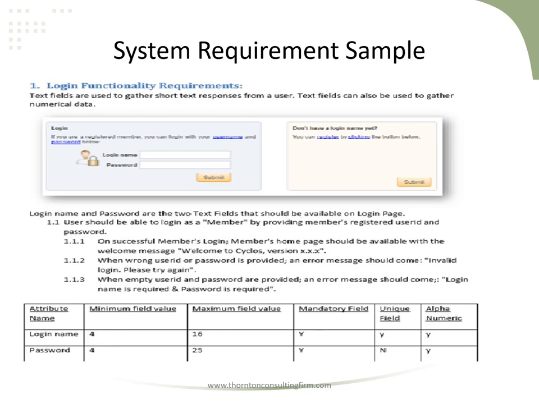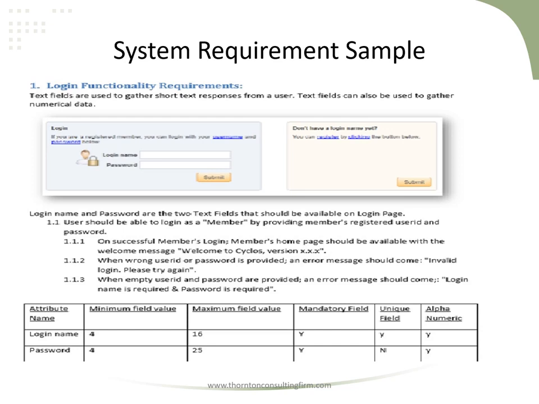So for example, in requirement 1.1.1, on a successful member login, the home page should be available with the welcome message. It says welcome to Cyclo's version, with the version number. In requirement 1.1.2, when the wrong user ID and/or password is provided, the user should receive an error message.